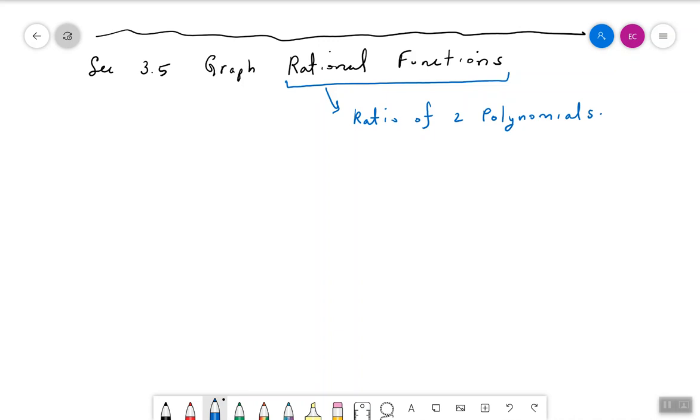And the big news, the new thing, was to be able to find horizontal and vertical asymptotes.